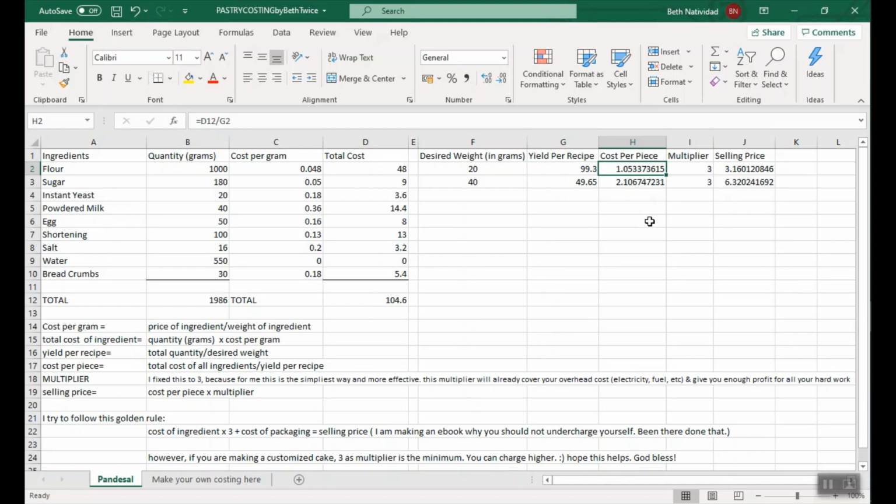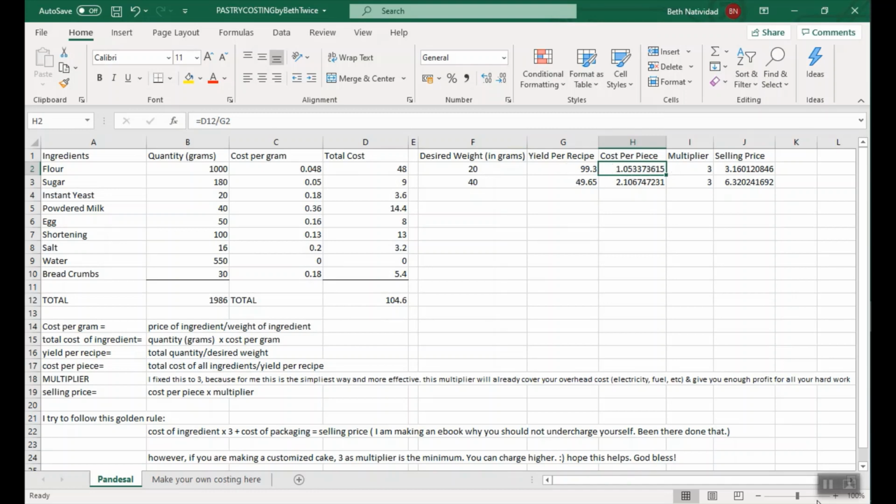So, magkano siya lalabas per piece? Dito na yung cost per piece would be the total cost of all ingredients, ito yung 104, divided by yield per piece. So, cost per piece is D12 divided by G2, which is yield per piece.